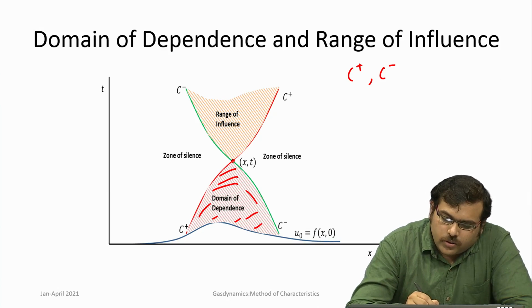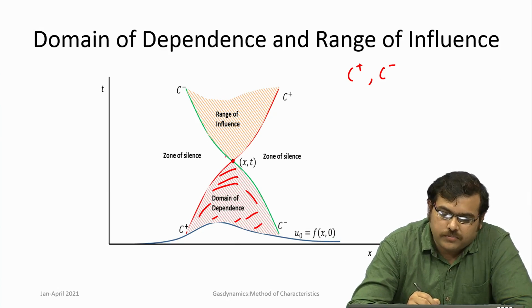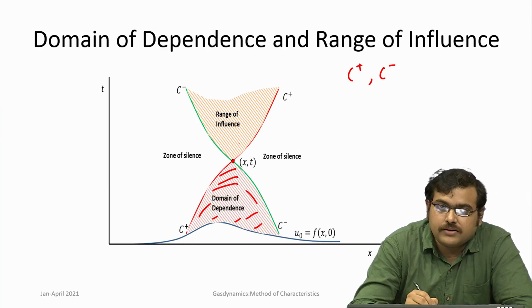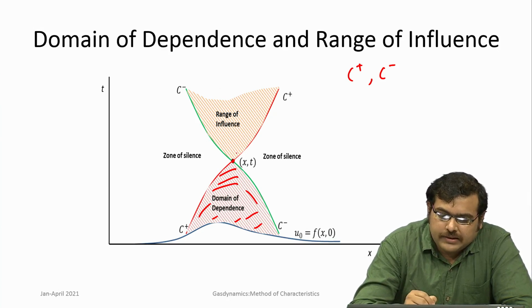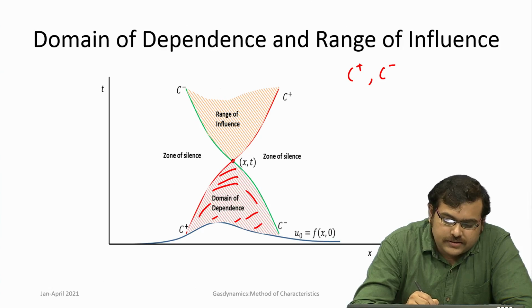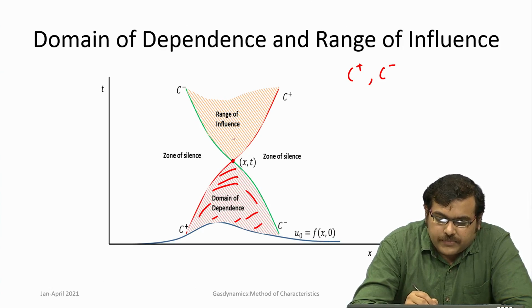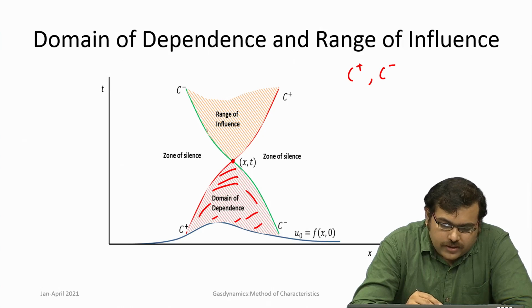Similarly, if you push these characteristics out into the other regions of the flow, these characteristics originate from x comma t and then look further in both x and t directions. Then this particular point influences all other points after it, or ahead of it, only along certain directions which are again bound by the characteristic curves.